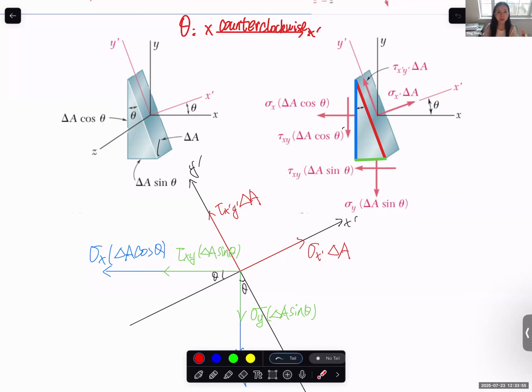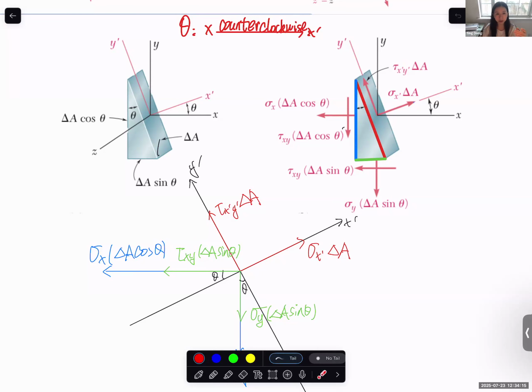And stress times area equals force, right? So normal stress times area equals normal force on the plane, and shear stress times area equals the shear force on the plane. But what I'm saying here is that the stress on that area is uniform.